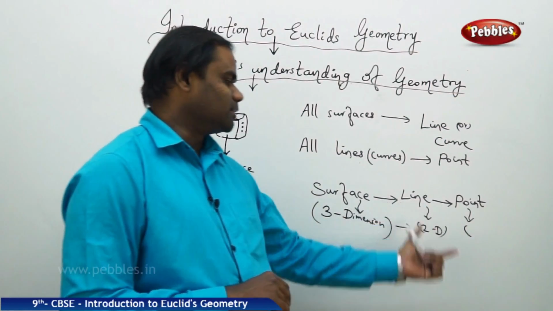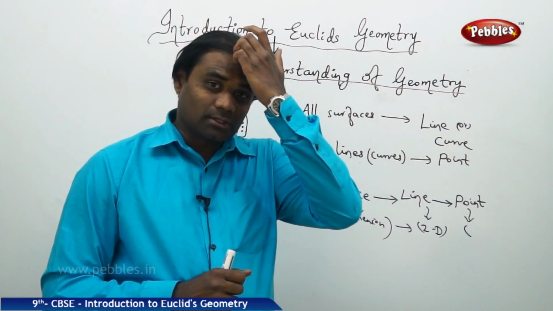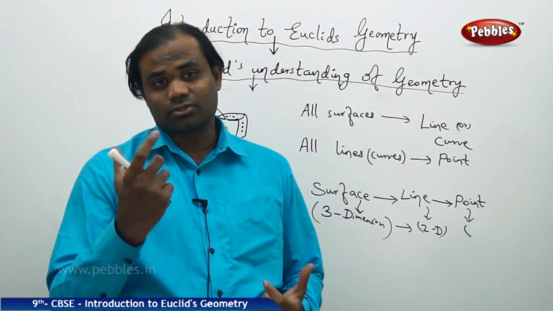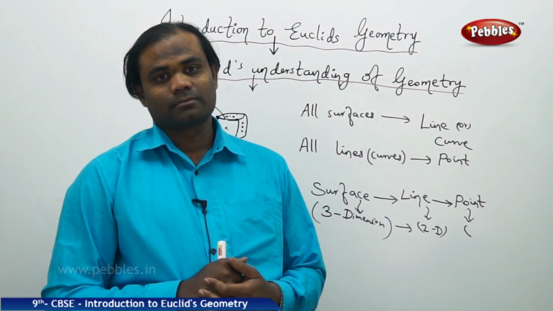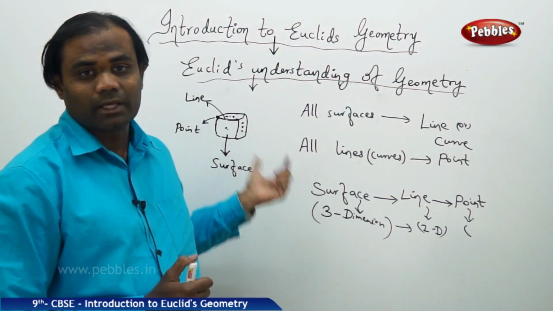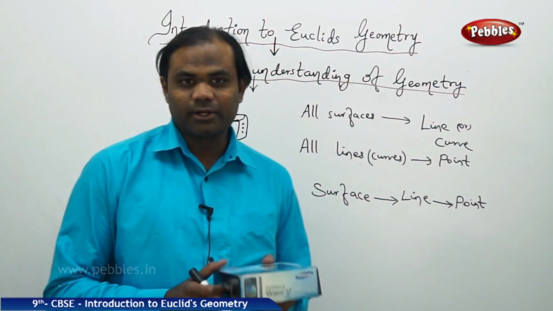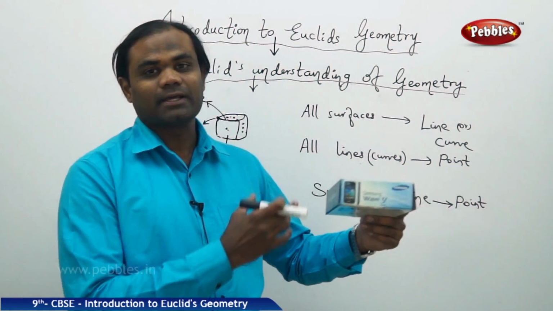So before we understand this, let's try to understand how dimension is understood through the solid structure. Euclid's geometry connected with a rolling die. Now let's understand Euclid's geometry through a 3-dimensional object, just like a dice.